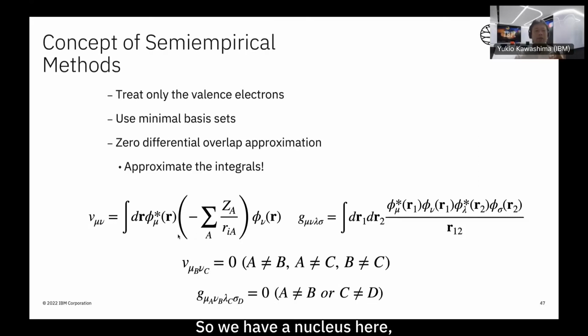So we have a nucleus here, and it's the center of atom A. And this has a function at center B, atom B. And this function has a center at atom C. In this case, if A, B, and C are all different, it will be 0, and this integral will not be evaluated.